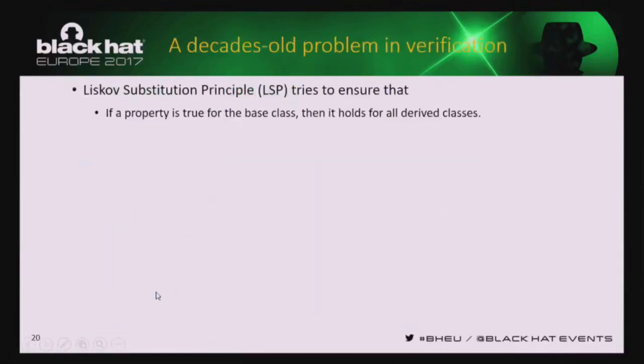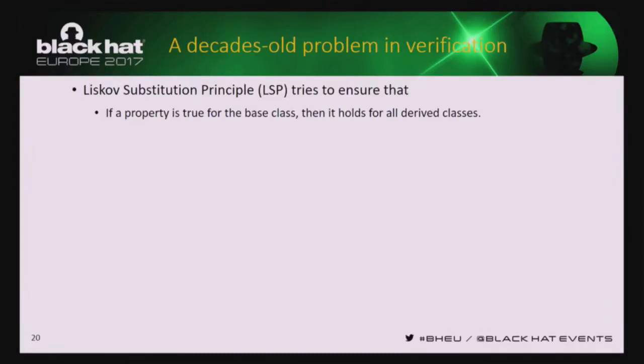Perhaps some of you know about this notion called the Liskov substitution principle, LSP. The principle tried to ensure that if a property is true for the base class, then it holds for all derived classes. If that was true in reality, that would be a beautiful thing.